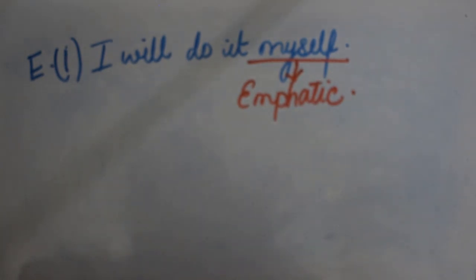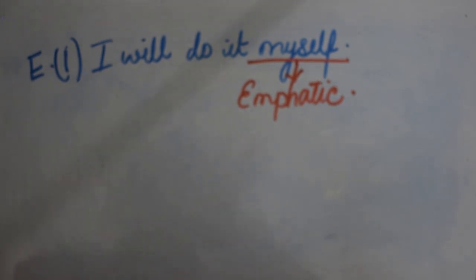Okay, and another rule, as I had told you, just to test, the easiest way to identify whether the pronoun is a reflexive pronoun or an emphatic pronoun is to try in your mind to remove the word and see whether the sentence is still a complete sentence.